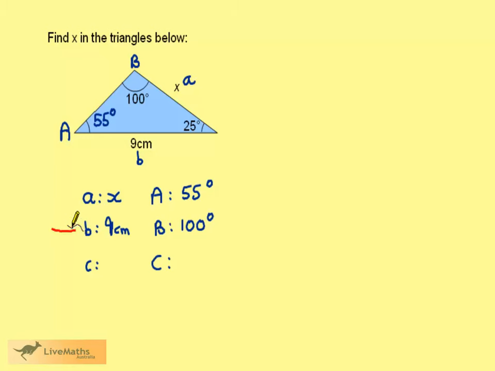The fact that we know both things in a particular row tells us that we're going to use the sine rule. Since we're finding a side, we want to put the sine rule with the sides on top.